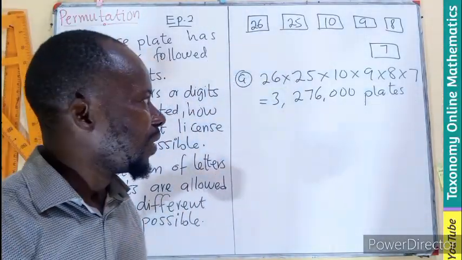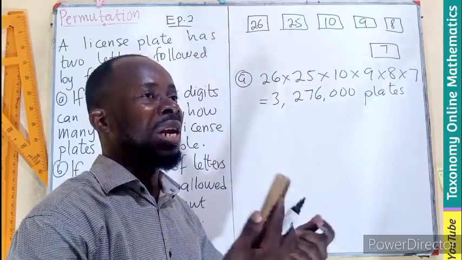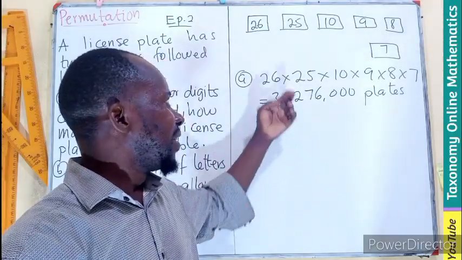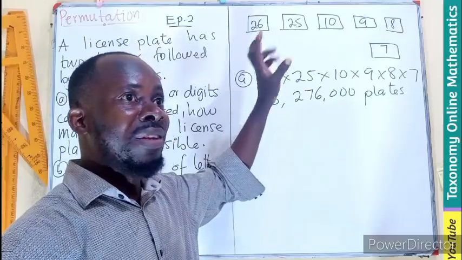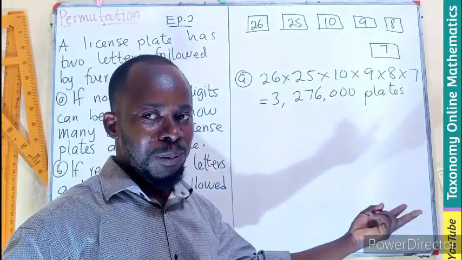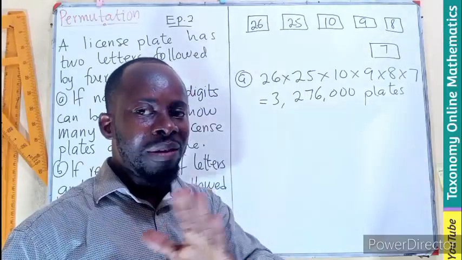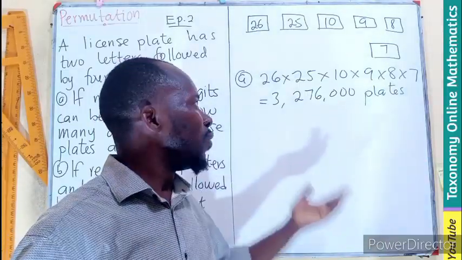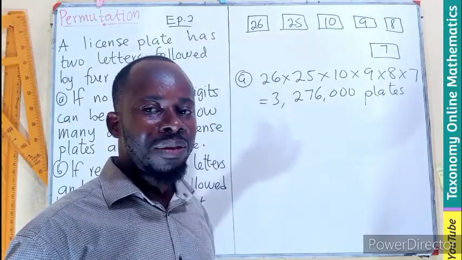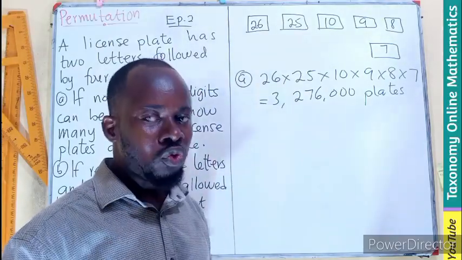This is what we are going to have. So you can see that in generating number plates for cars, if we say the first two slots are letters, then the remaining four places should be digits, we are going to have up to 3,276,000 options or variants to pick from.